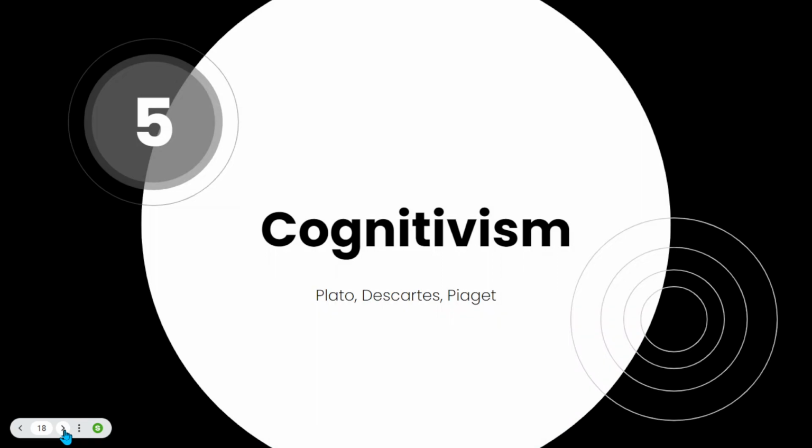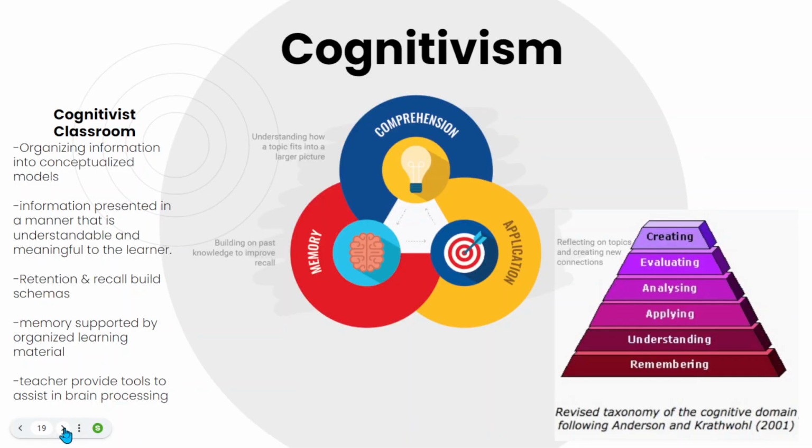And the fifth one is Cognitivism, which goes way back to Plato, Descartes, and Piaget in the more recent future. And Cognitivism is really learning how the brain works, how the brain stores information, what kind of things we can do with that information once we have learned it. So we have to understand how learning fits into the bigger picture.